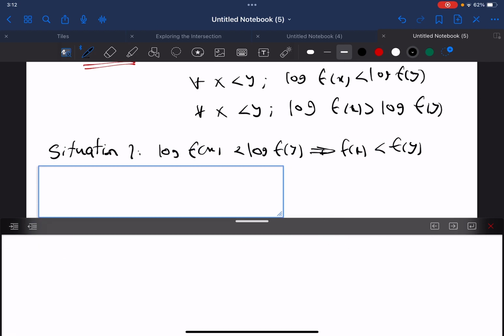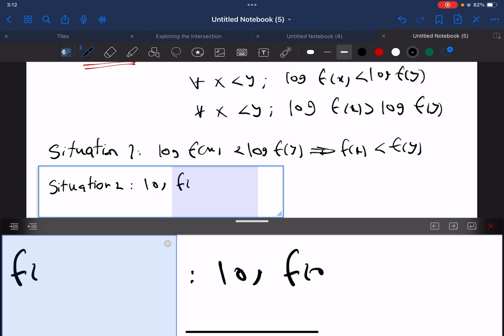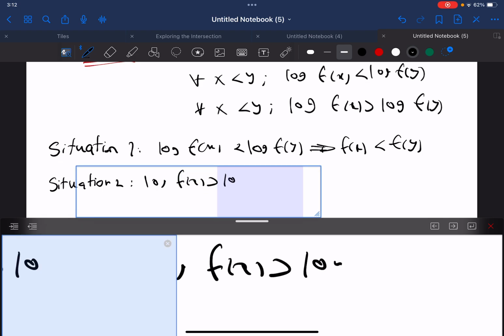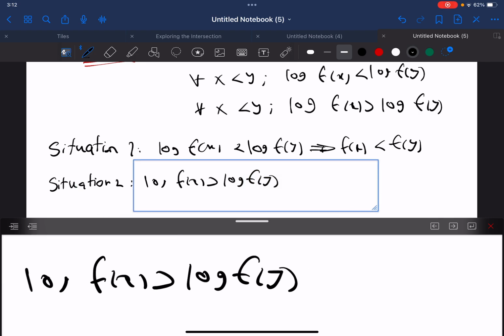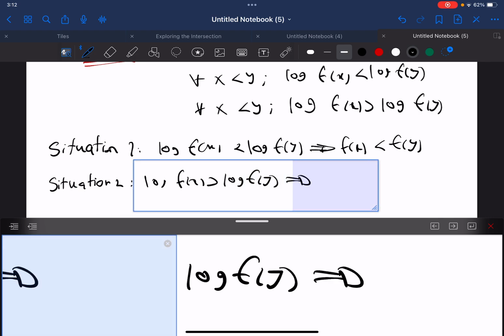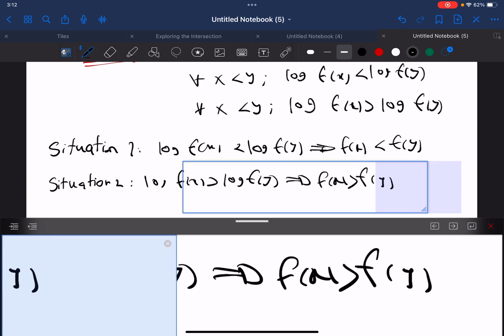And for situation 2, I have log of f of x larger than log of f of y, and therefore f of x is larger than f of y.